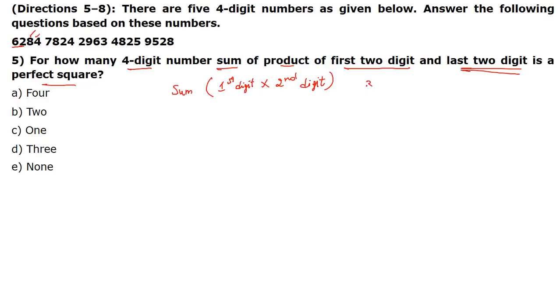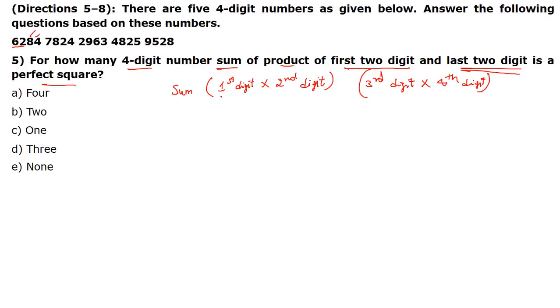So the third digit into the fourth digit has to be considered here, and we have to multiply these. So for how many 4-digit numbers is the sum of the product of the first 2 digits and the product of the last 2 digits a perfect square?